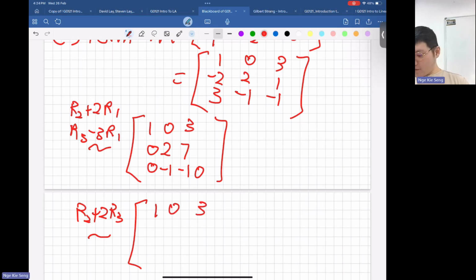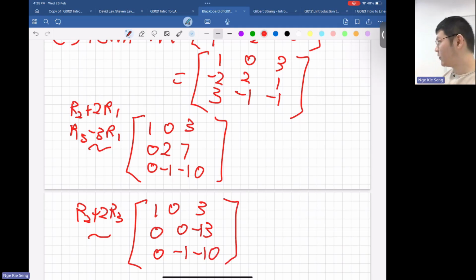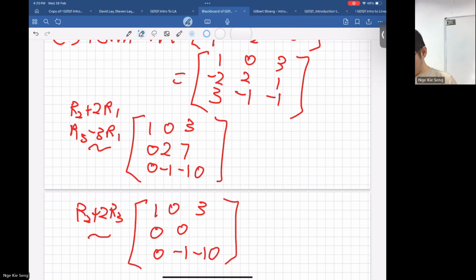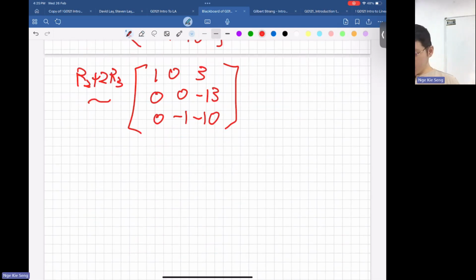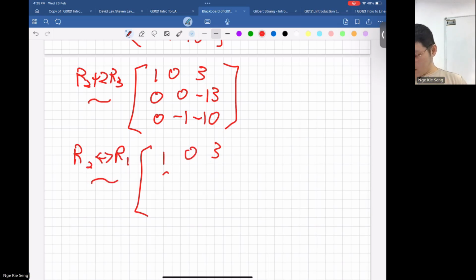I notice some of you still cannot do row reduction. A bit of a pity. You need to ask me how to do it if you cannot follow. Okay, and then I move my pivot up.